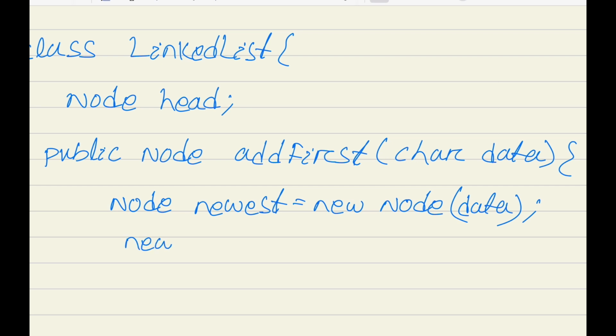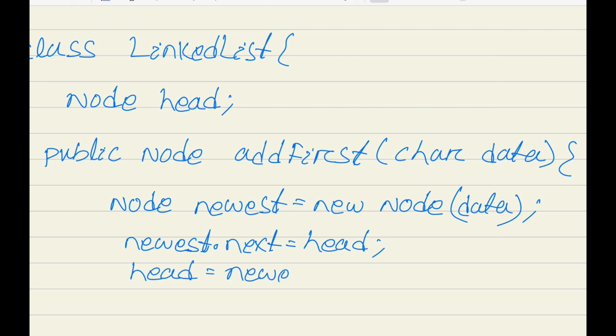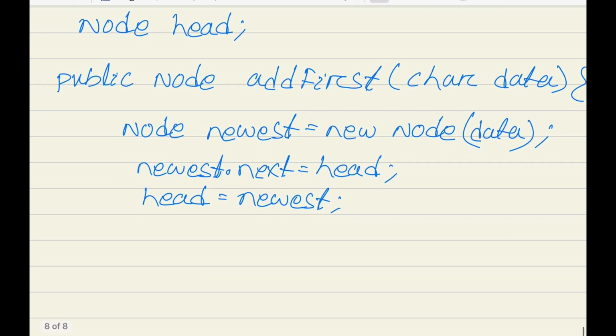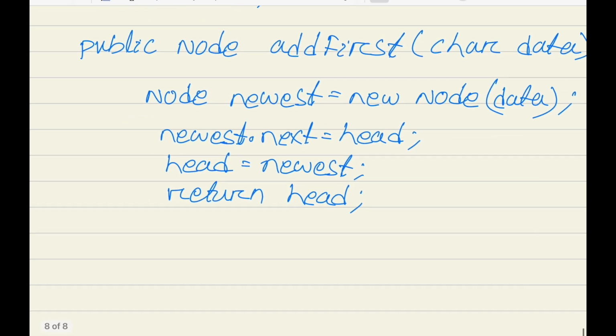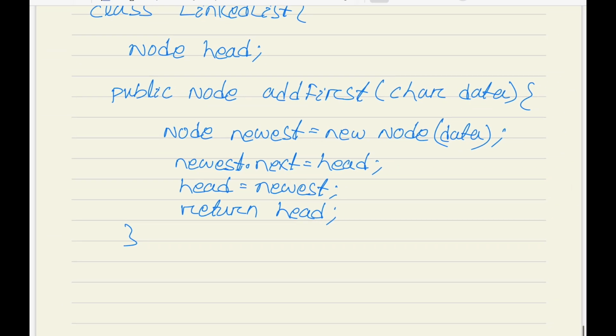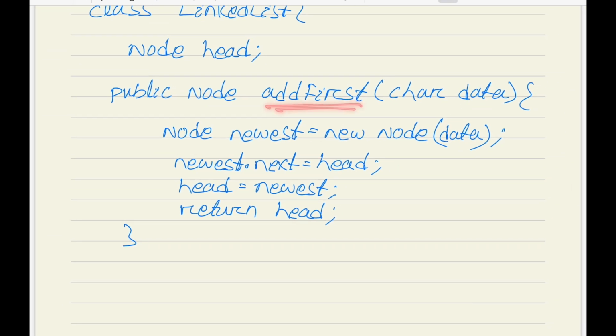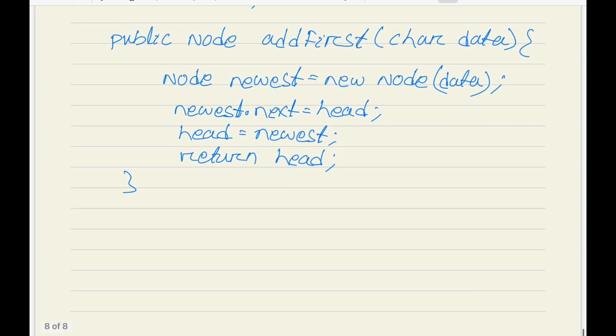Now we can write newest dot next equal to head, because we are inserting at first position. Then we can write head equal to newest, then we can write return head, then end of this method. So this method add first always returns the head after adding one element to the linked list.